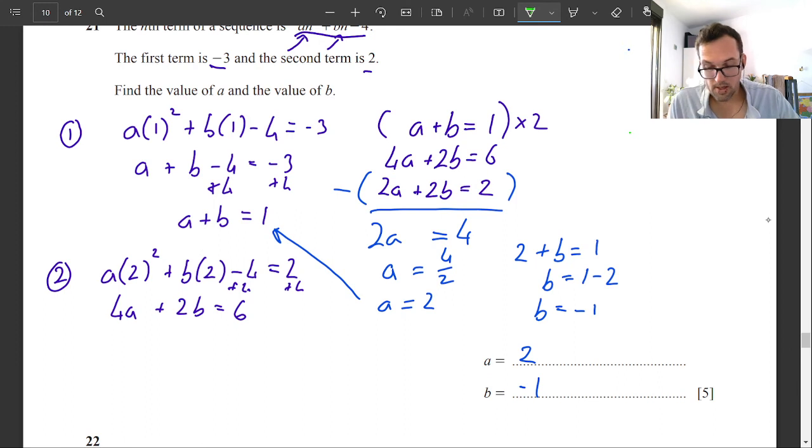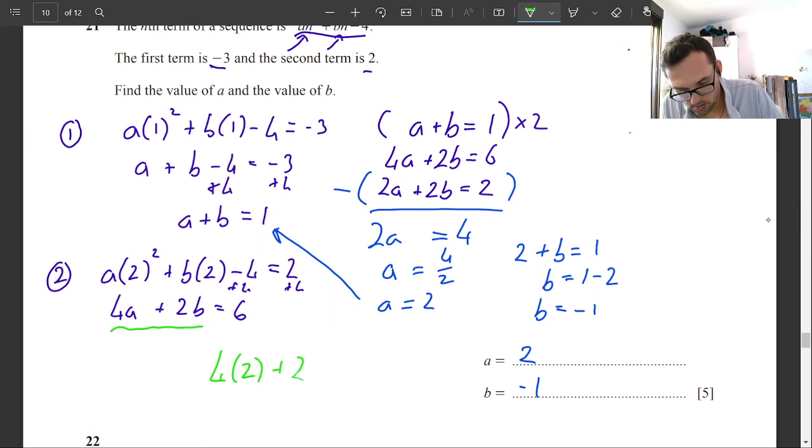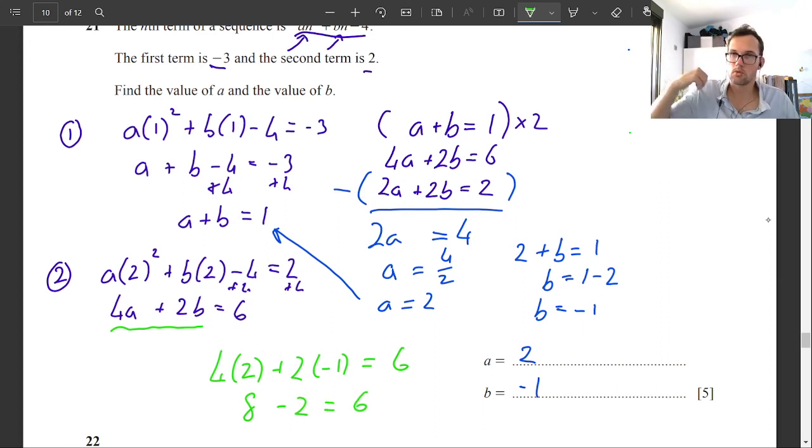So if we put that into the second equation here, we need to get 6. So let's see, 4 times 2 plus 2 times b, which is minus 1, that should be 6. 4 times 2 is 8, minus 2 is 6. Bam, got it, well done.